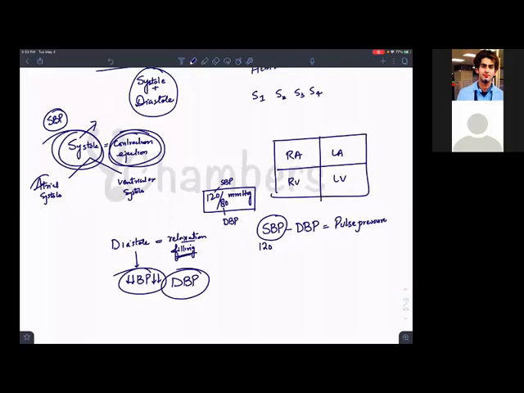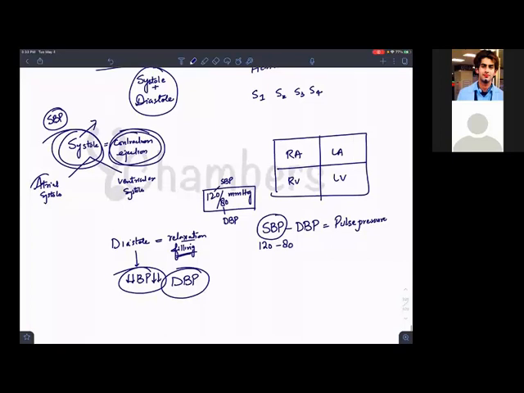So 120 minus 80 is equal to 40 mmHg. So 40 mmHg is the normal pulse pressure. Okay, fine.